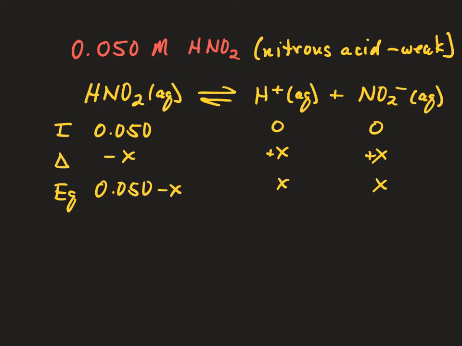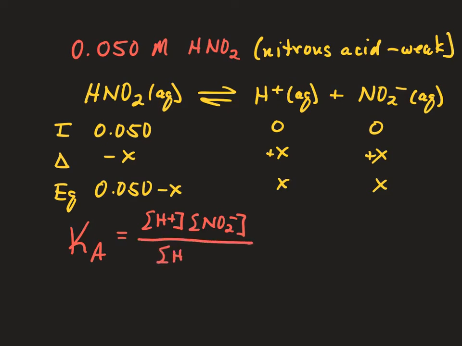We have established an equilibrium among those species, and so we can define an equilibrium constant for that. The equilibrium constant for an acid dissociation is going to be equal to the products, the concentration of hydrogen ions times the concentration of the conjugate base anion, if we were talking Bronsted-Lowry, divided by the concentration of undissociated acid.